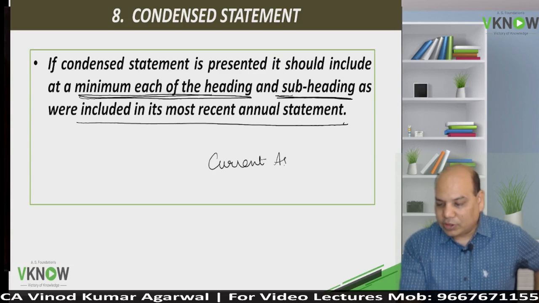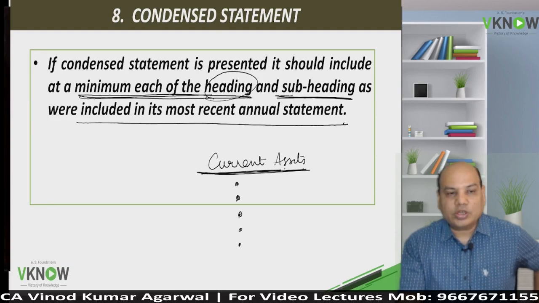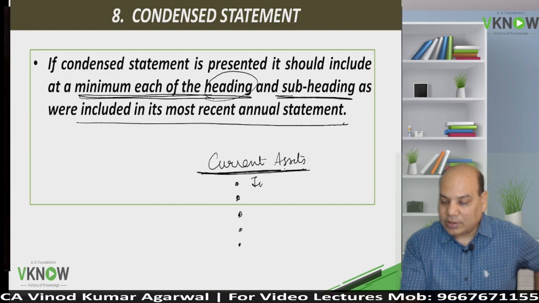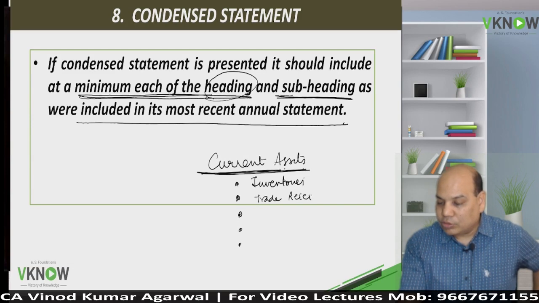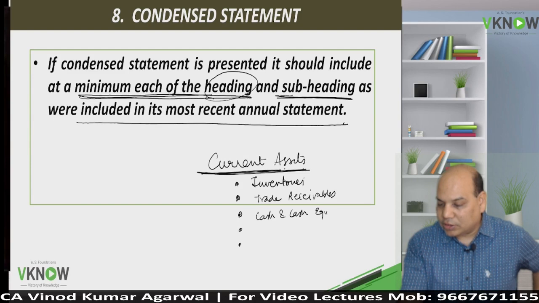Now let us say, for example, current asset. Current asset will be used as the heading, and you are going to use same subheading which are used for annual statement. For example, inventories, without further giving breakup of inventories into raw material, finished goods, WIP, or you will write trade receivable, without giving more detailed disclosure about trade receivable, or for example cash and cash equivalent, something like this.